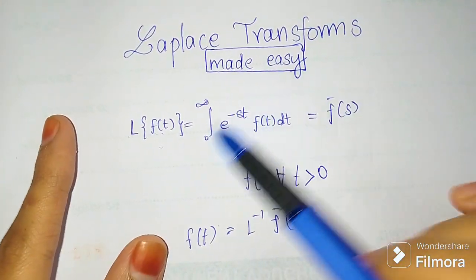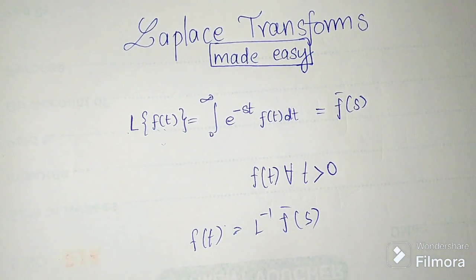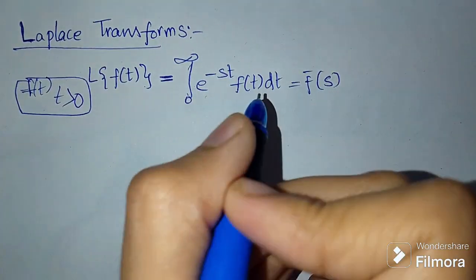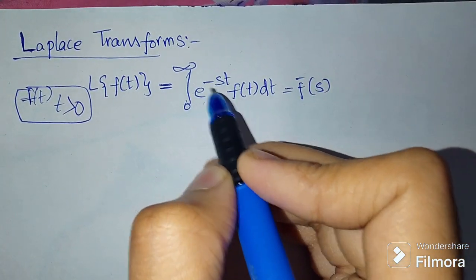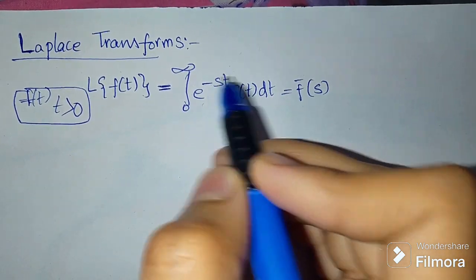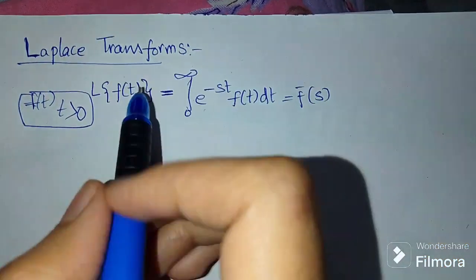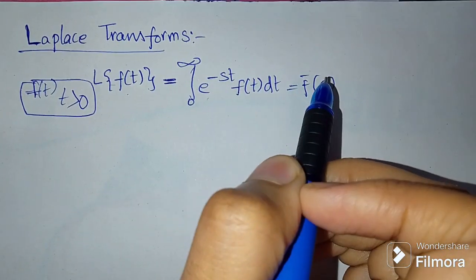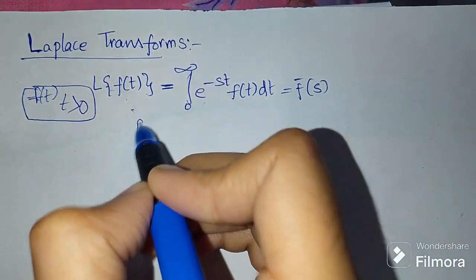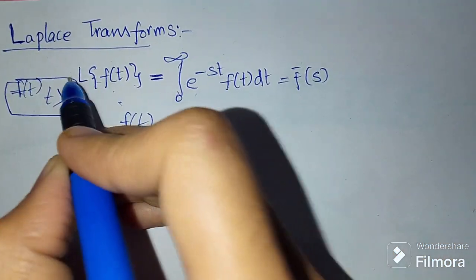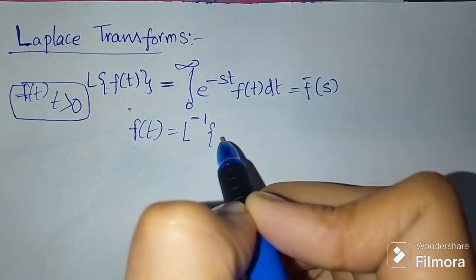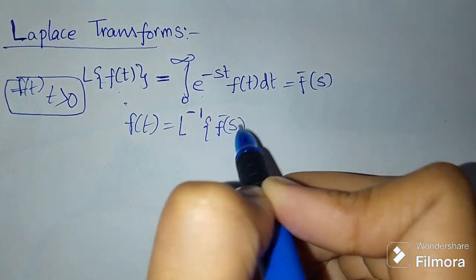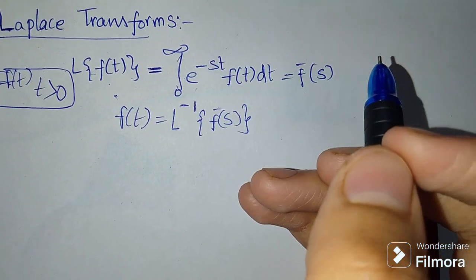That's why we took s here, provided that this integral exists, and s here is a parameter, it can be real or complex. So basically we say Laplace of f of t is f bar of s, and in reverse, f of t is the Laplace inverse of f bar of s. This is basic in this chapter.